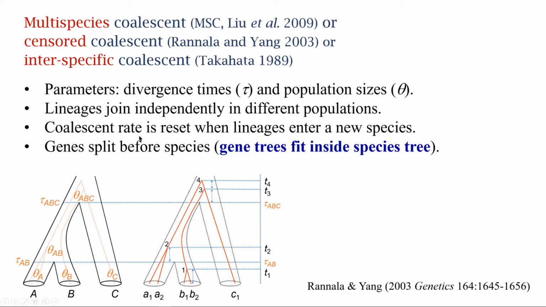Another point is that genes split before species. This is pretty much obvious, which basically means that in this diagram, take a sequence from A, let's say A1, and a sequence from B, let's say B1. So A1 and B1 will have a coalescence time. In this diagram, it actually goes all the way to the root.